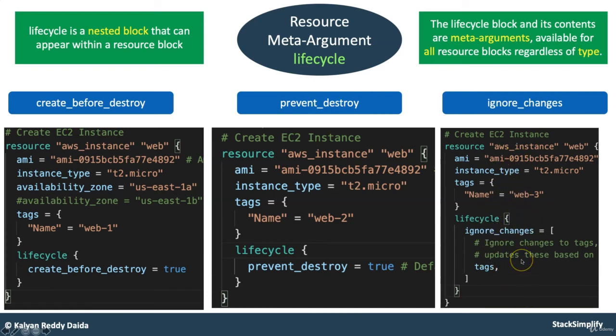For example, some of your automated systems can add tags to your EC2 instances or databases automatically, and you really don't want to track those via Terraform. At that point you can say ignore_changes and name that argument of your resource. Tags is one of the arguments of the AWS instance resource, so you can say lifecycle, ignore_changes, and add those tags here.